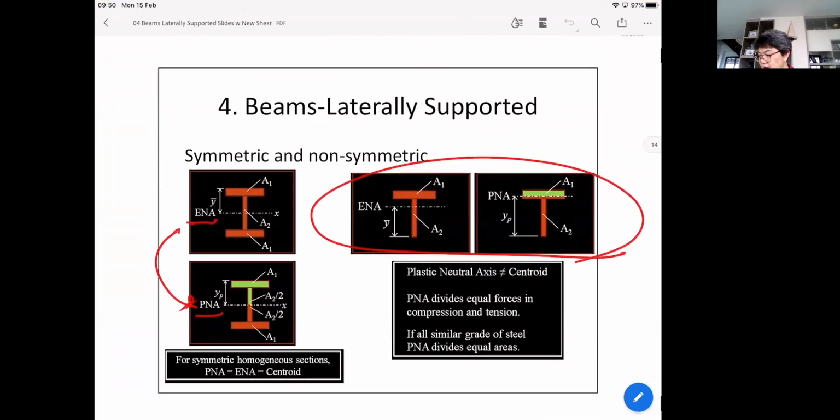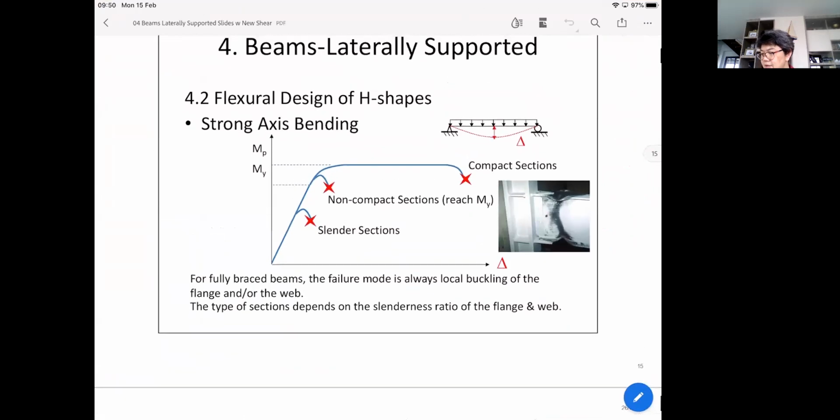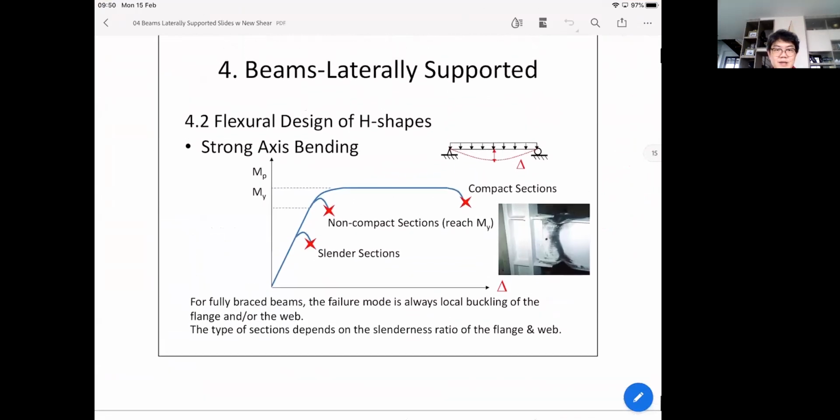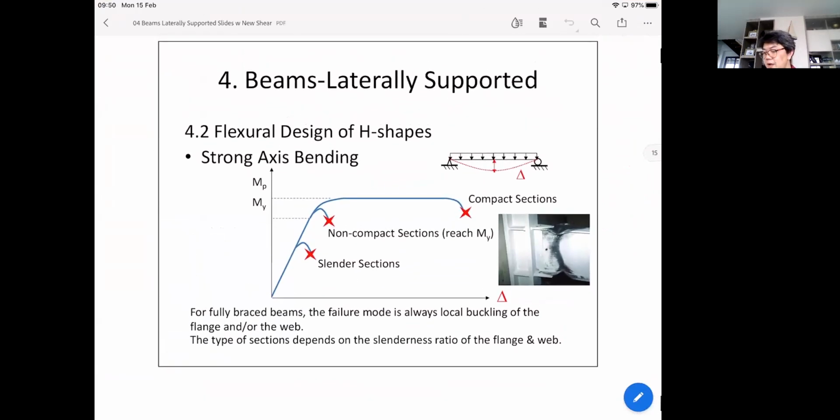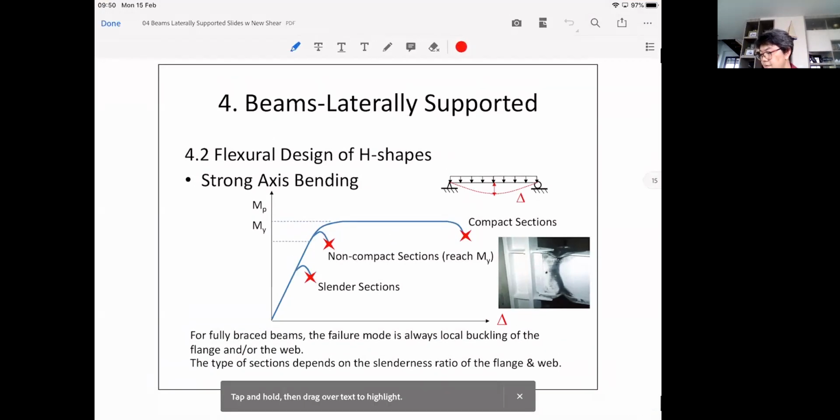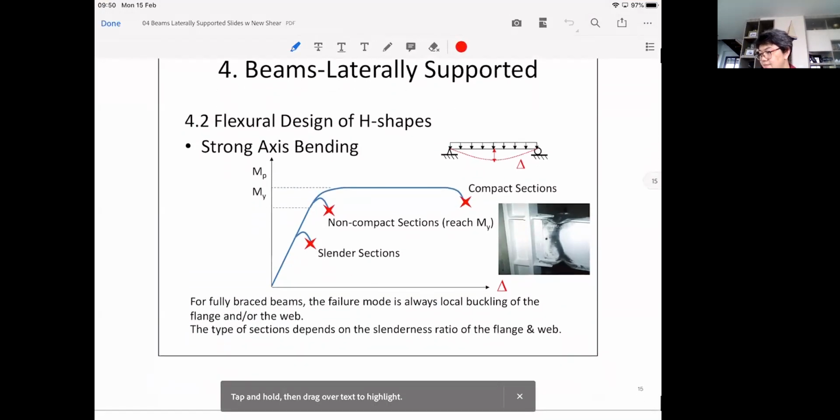When we've done that, this is the perspective of the local buckling that I just mentioned. If you know by now, so let's say all the web is compact. So let's focus on the flange. So if you have a compact flange, your beam will be able to reach MP here, right?